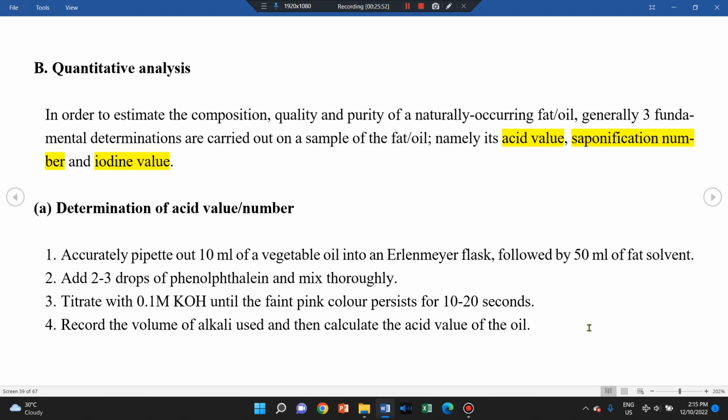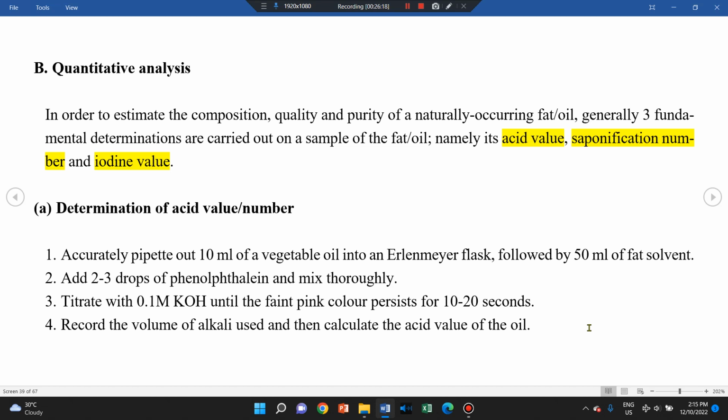Mix it thoroughly, and then you start titration with the burette having potassium hydroxide. So potassium hydroxide by right will not have any color. As you drop it into the flask, you'll get the pink color discharged.